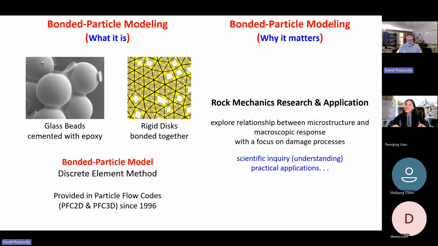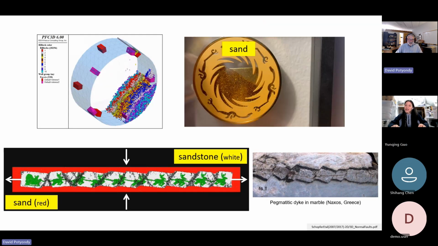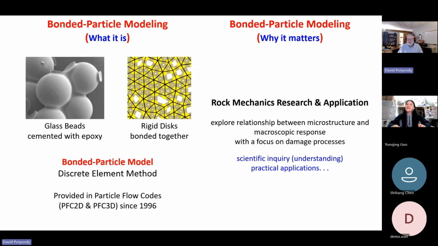The example here is a perfect example: you build a microstructure, you put some kind of properties on the glue, and then you observe what happens. With this model, you can control all these different aspects of the microstructure, for example the shape of the grains, the strength of the glue, the size distribution of the grains. All of these things can be explored.